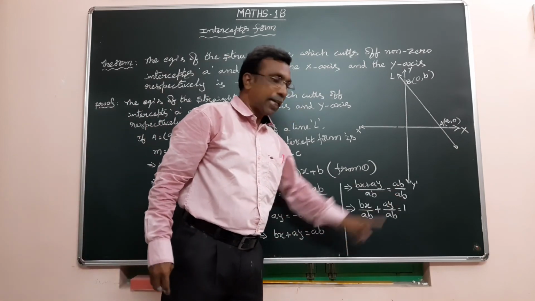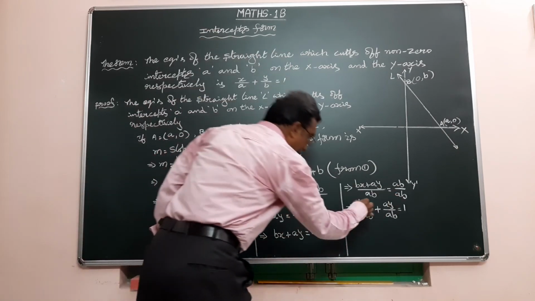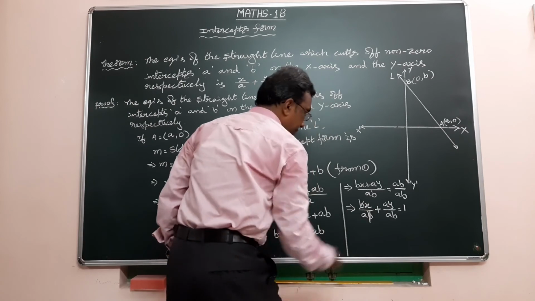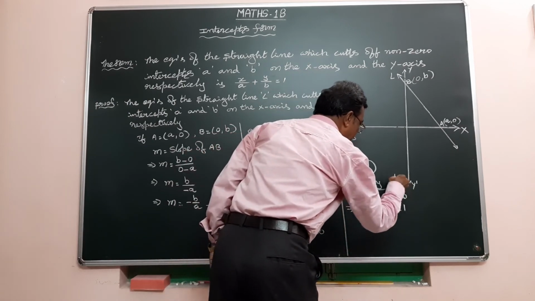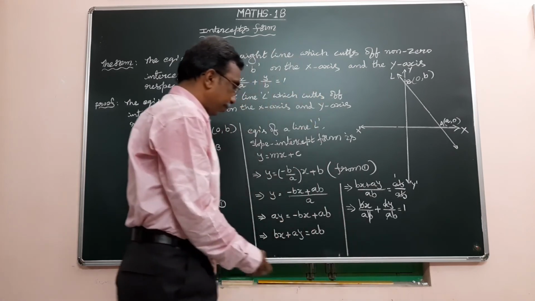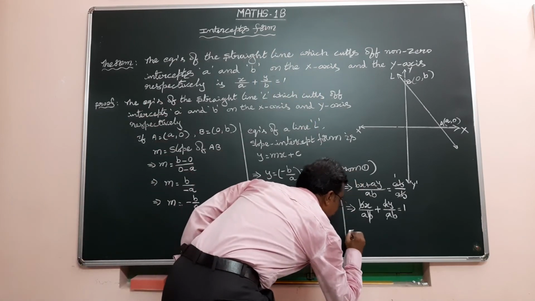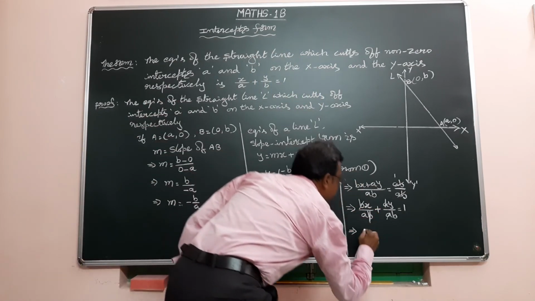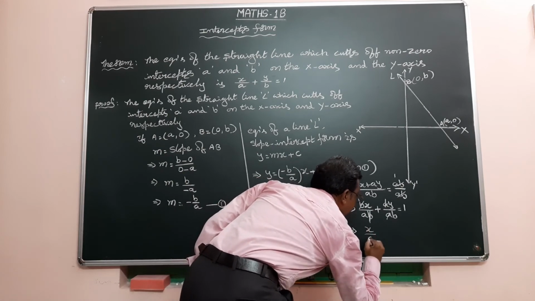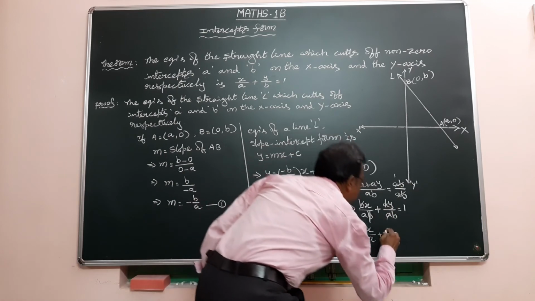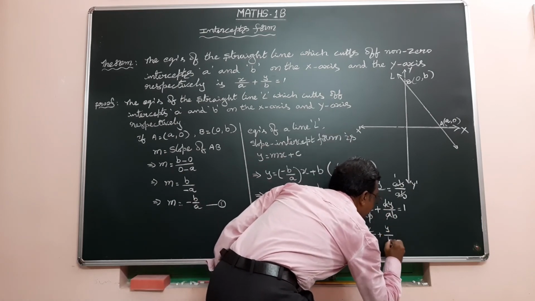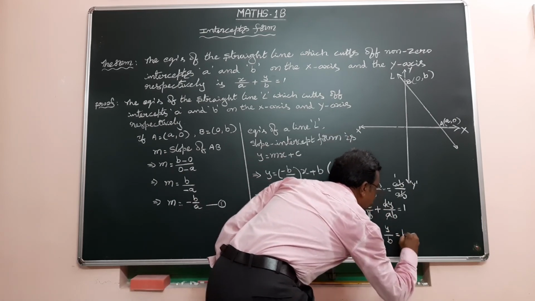Here b is cancelled, a is cancelled. Now we write 1. That implies x by a plus y by b equal to 1.